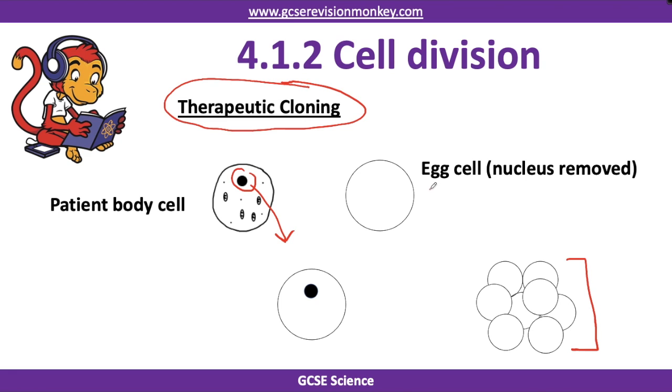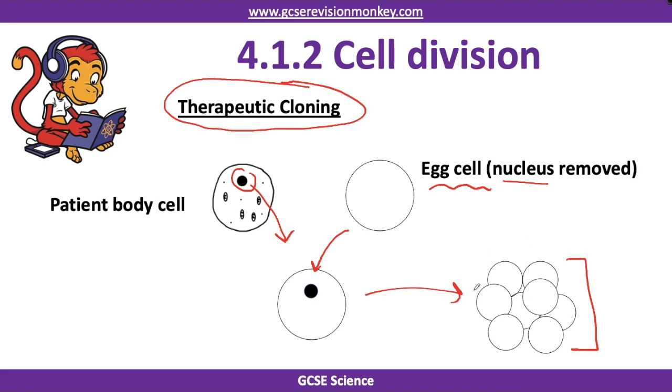They use an empty egg cell from a donor. So a woman would have donated an egg cell, scientists would have removed the nucleus, so you just have the empty cell. You put the nucleus of the patient into the cell and you'll stimulate that to divide to make an embryo.